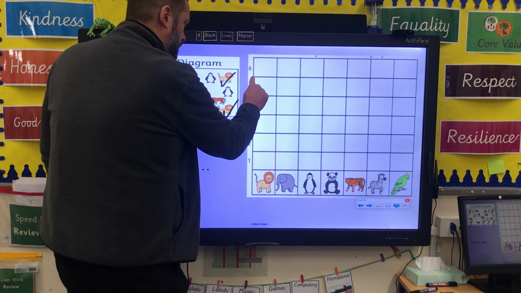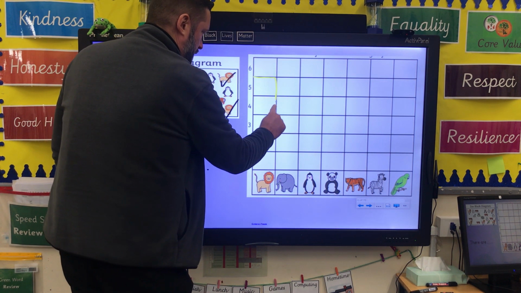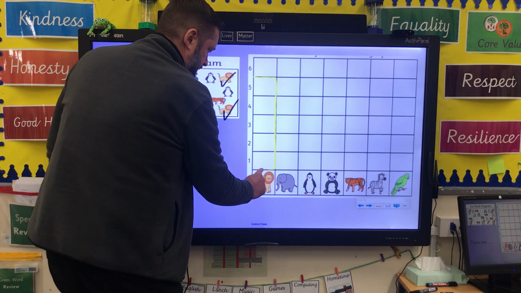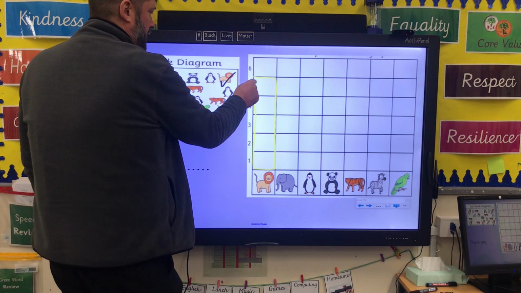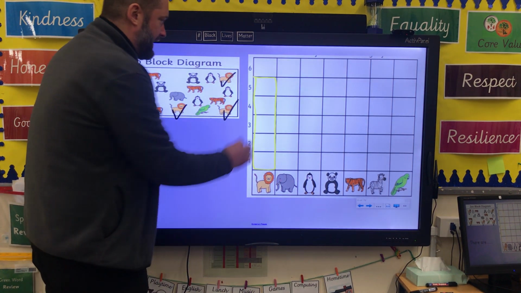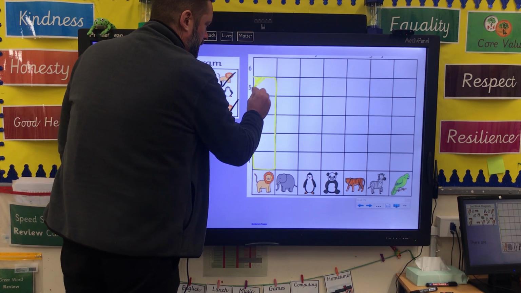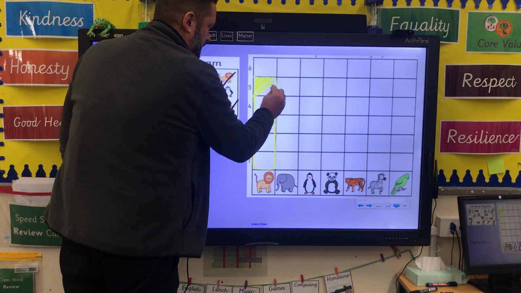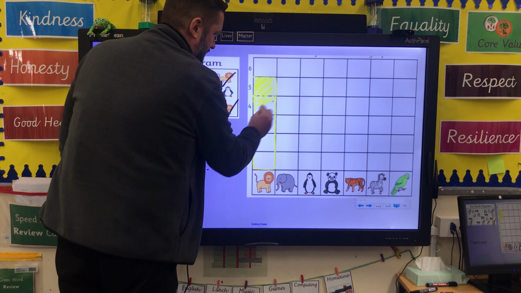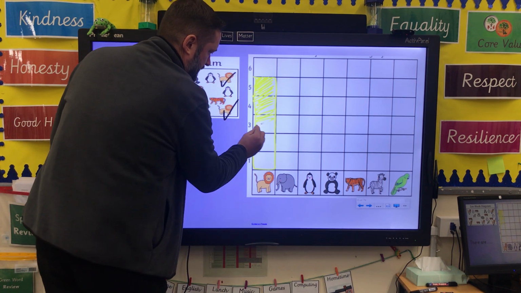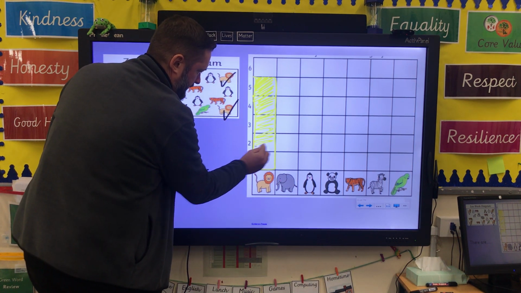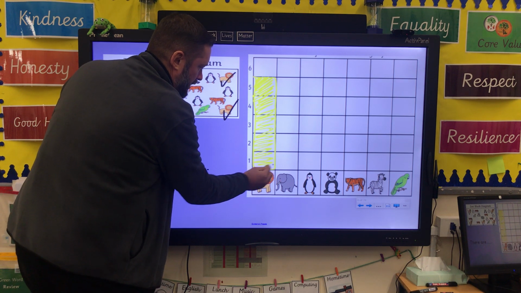So I'm going to go up to 5 because I know that's where I'm stopping. So there's my bar for the lions, and I'm going to colour that in really neatly. You can do it better than me. I'm trying to do it nice and quick. Okay.